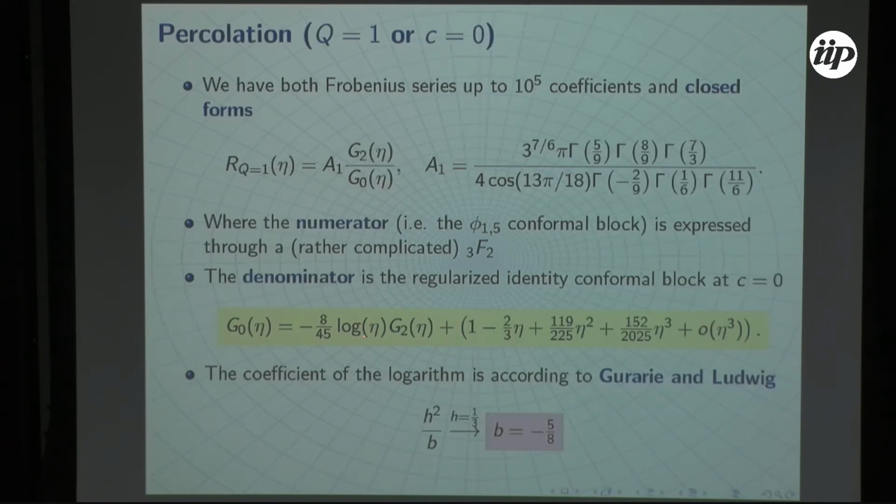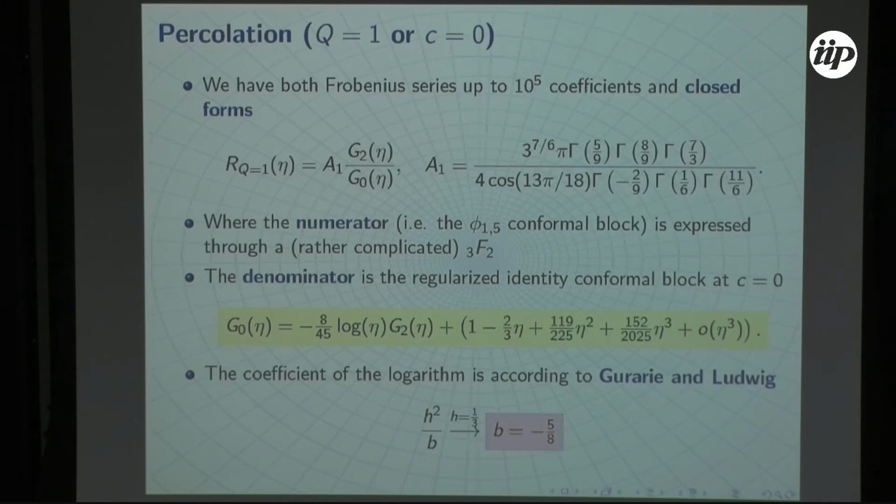So here it's actually the first example where in a true connectivity, you can get a logarithmic singularity. So this is for eta going to 0, when the anharmonic ratio goes to 0. And the coefficient of this logarithmic singularity turns out to produce a b. If you remember one of the first slides when I wrote the argument by Gurarie and Ludwig, the b which parameterizes the logarithmic singularity is minus 5 over 8, which again is consistent with what Gurarie and Ludwig claimed long ago.